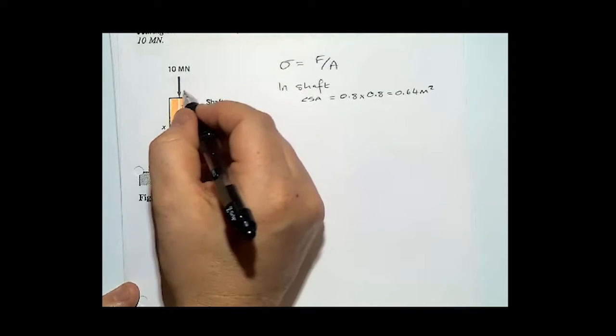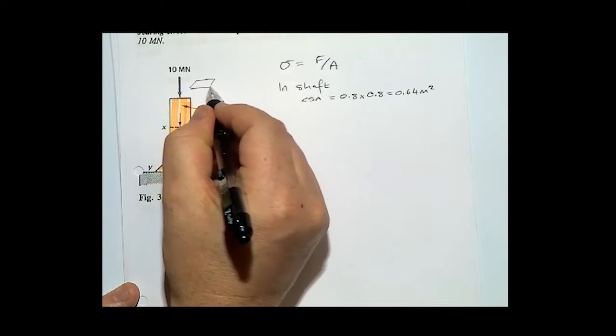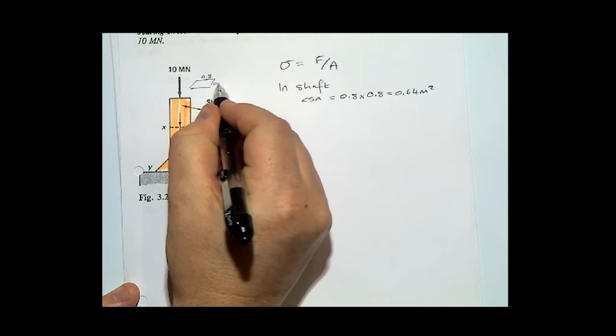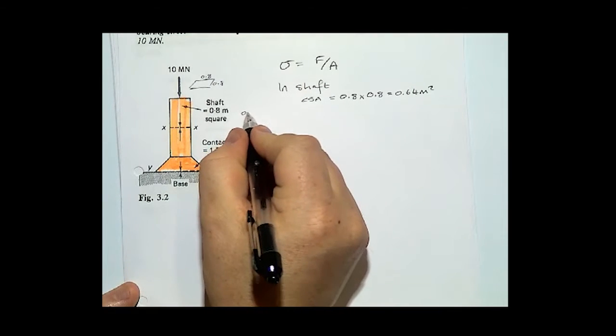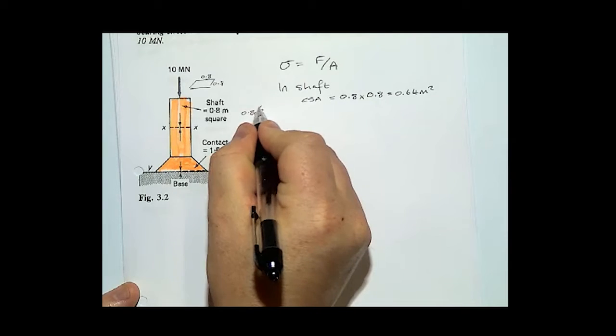So that is 0.8 and 0.8. It is not 0.8 meter squared.